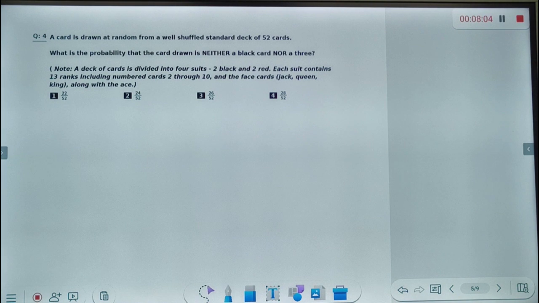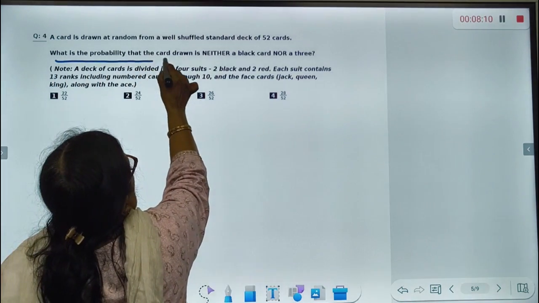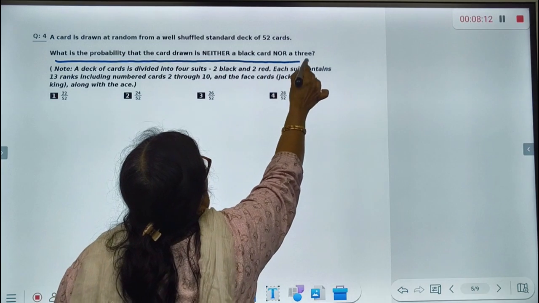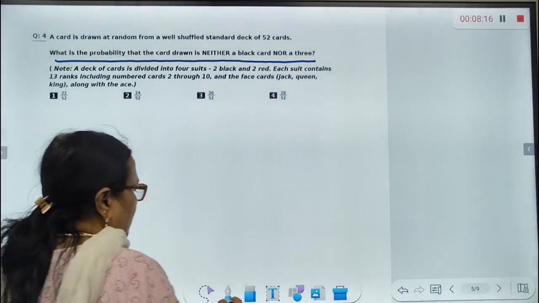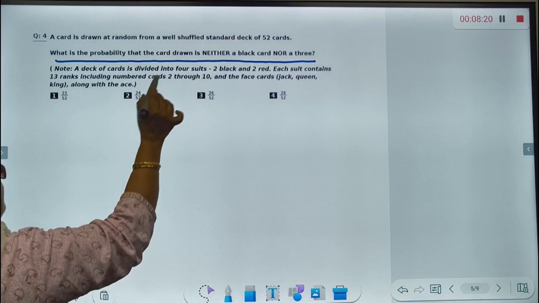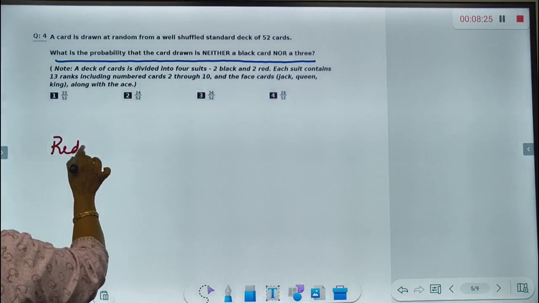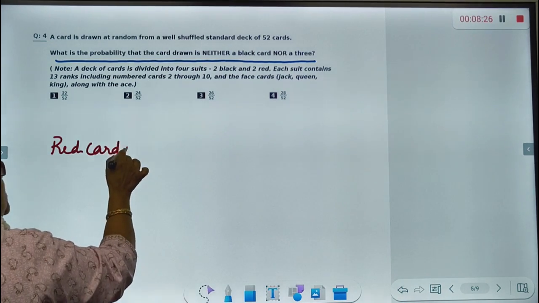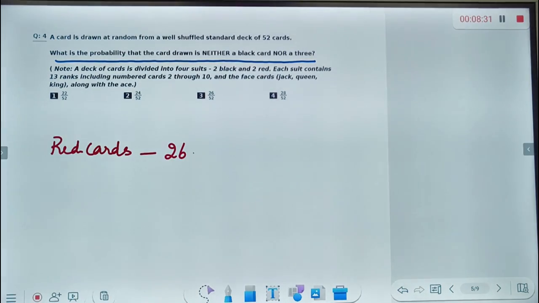Now a card is drawn at random from a pack of cards. What is the probability that the card drawn is neither a black nor a 3? Okay, let me first look at not a black. So how many red cards are there? It's either black or red. Number of red cards you know is 26.